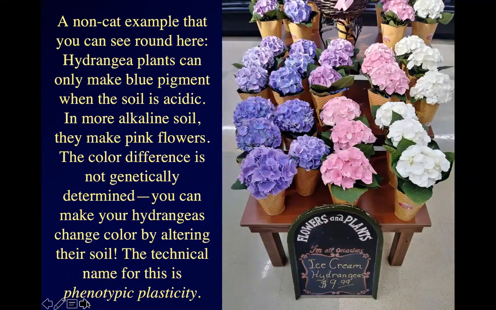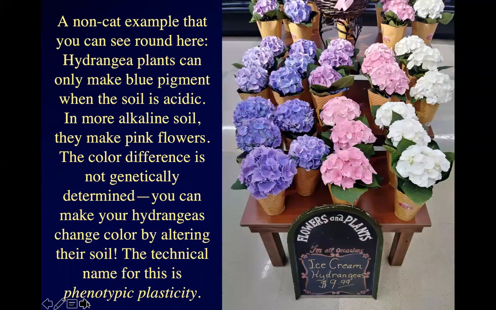The technical name for this, by the way, is phenotypic plasticity. By the way, the white hydrangeas are genetically different. They don't produce any pigment at all, no matter how you treat their soil. But the colorful hydrangeas can be either purple or pink or kind of an in-between, depending on the soil chemistry.